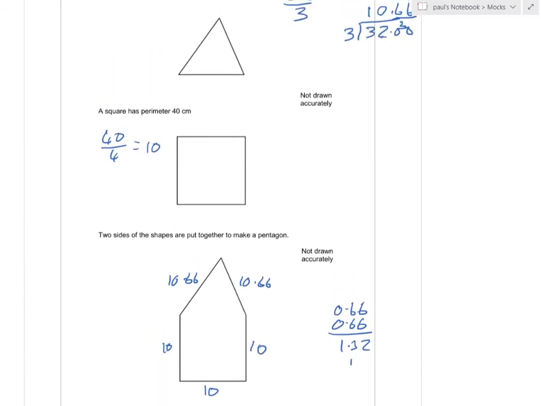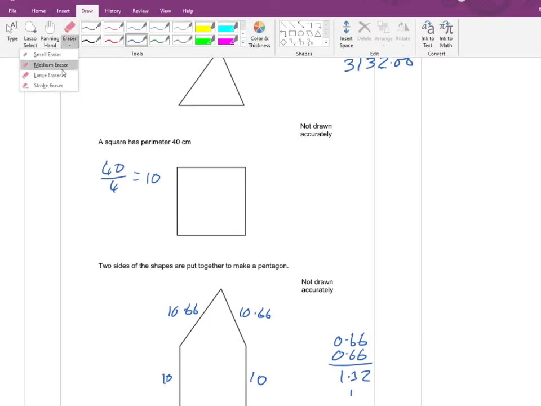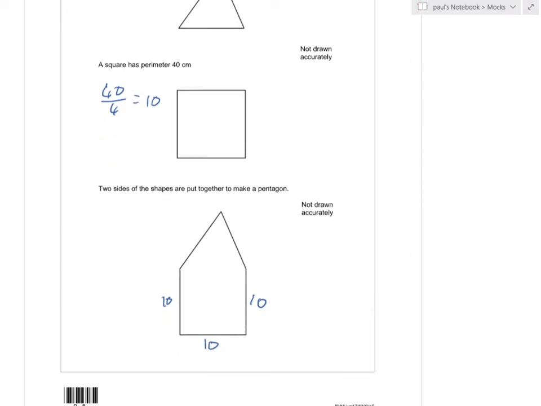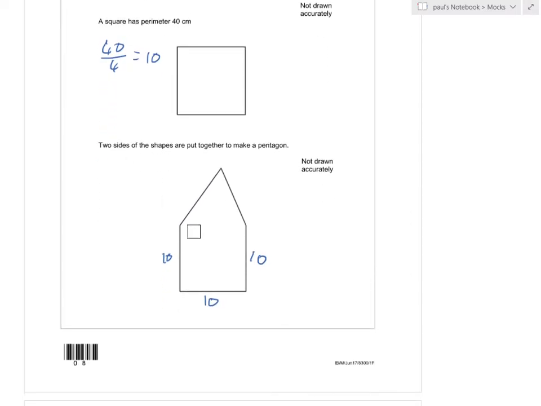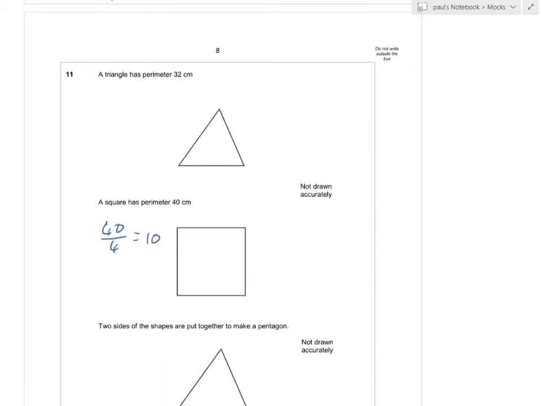No, because it's not an equilateral triangle, is it? Oh, I see. Silly me. It's not that. Because if the width of this square is 10, then this will be 10, wouldn't it?